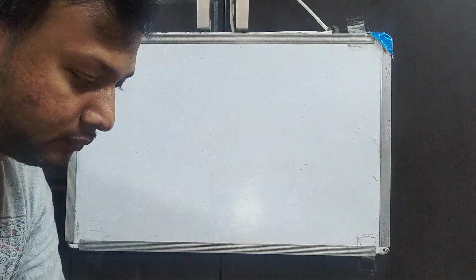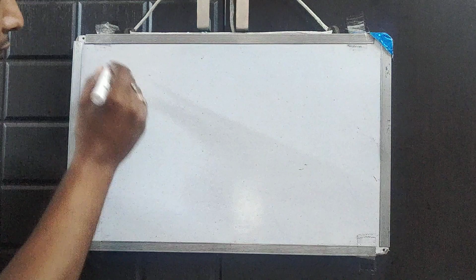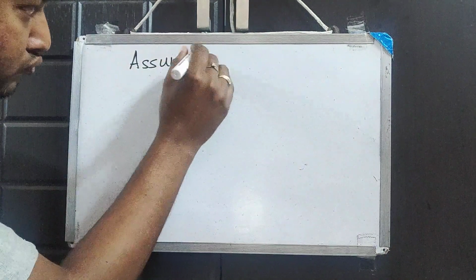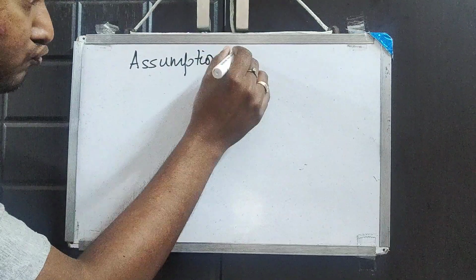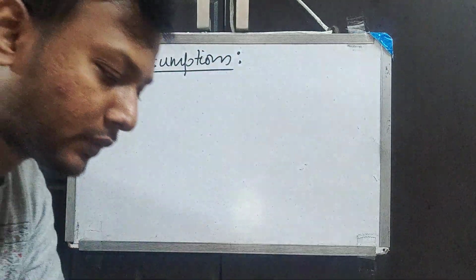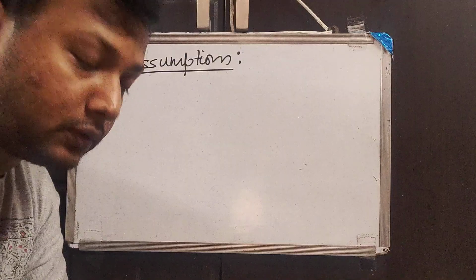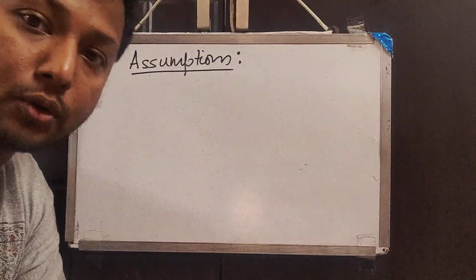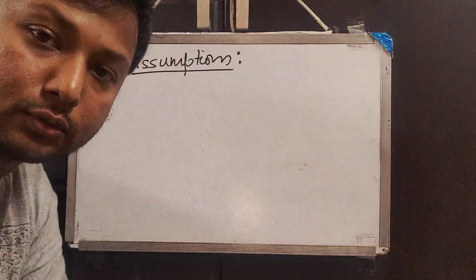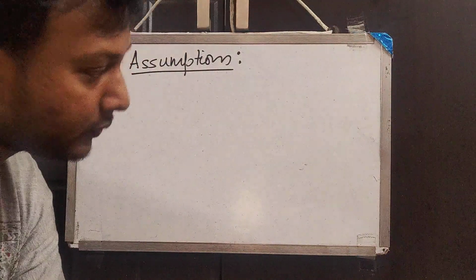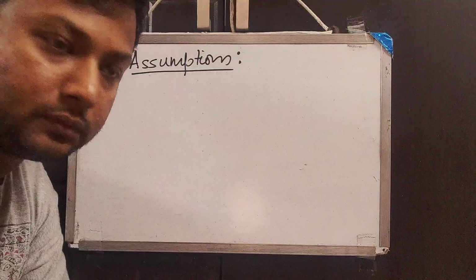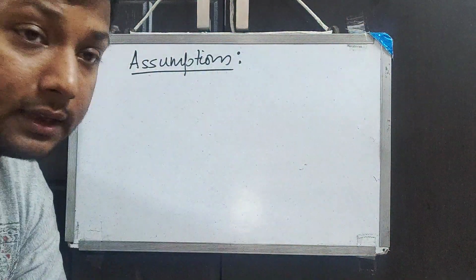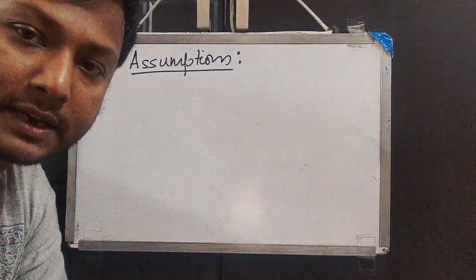Now, what are the assumptions of this law? There are certain assumptions on which the law is based. So, what are those assumptions? If you remember the statement, there was this ceteris paribus thing.